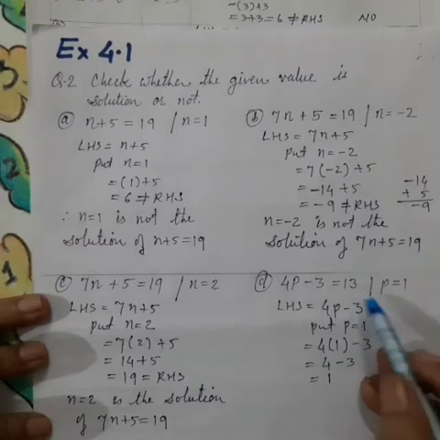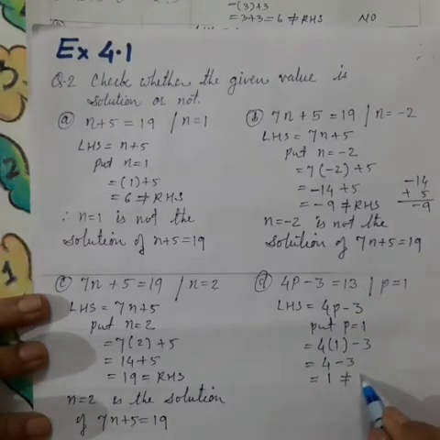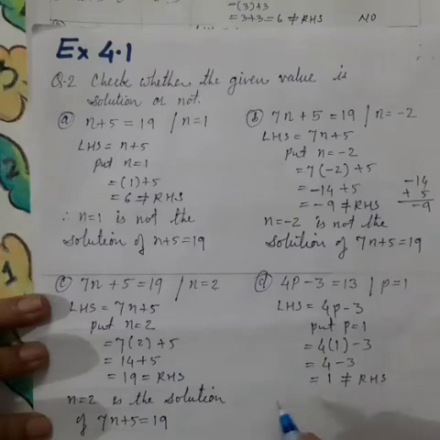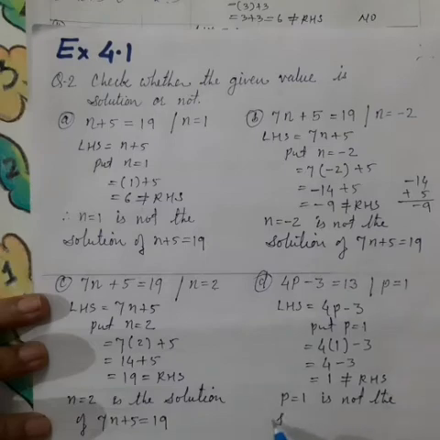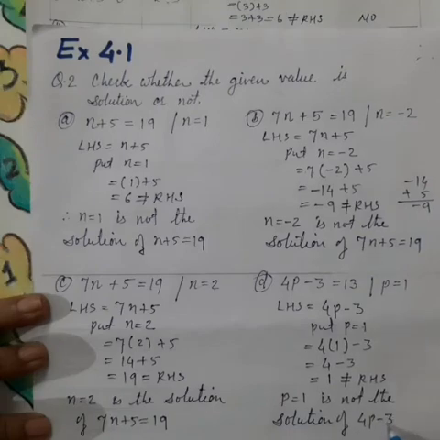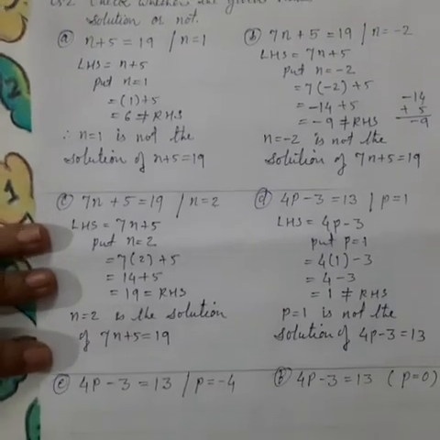But our right hand side is 13. So it is not equal to our right hand side. So p equal to 1 is not the solution of 4p minus 3 equal to 13. Coming to E.